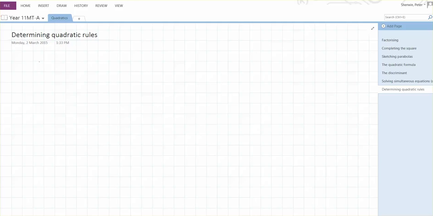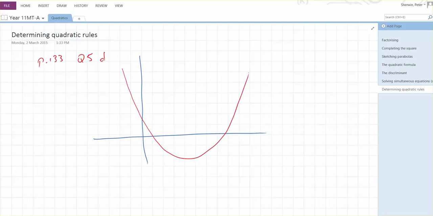We're on page 133, and if you have a look at question 5D, we might just talk through that one initially. So the information we're given here is a quadratic that dips through here at 3 and 1 and 3 here, and so we start with y equals ax squared plus bx plus c, because we don't know the vertex.